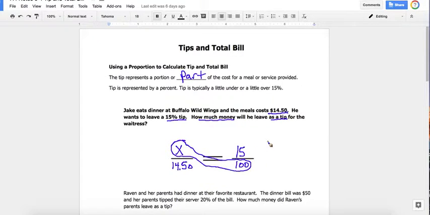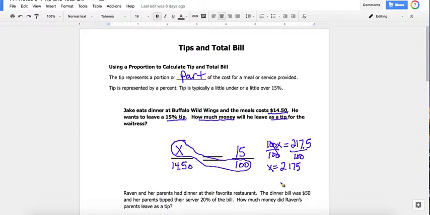We're going to do 100 times x, which is 100x, and 15 times 1450, which is 217 and 5/10. And now we're going to divide both sides by 100. And the answer is 2 and 175 thousandths.